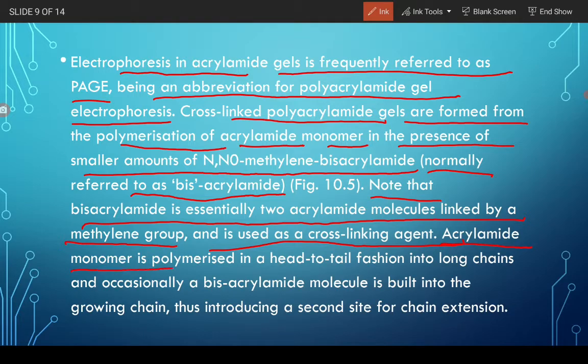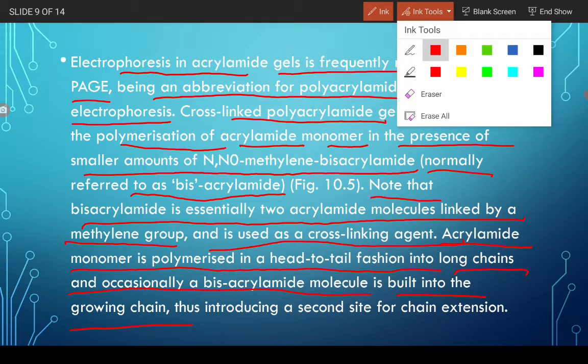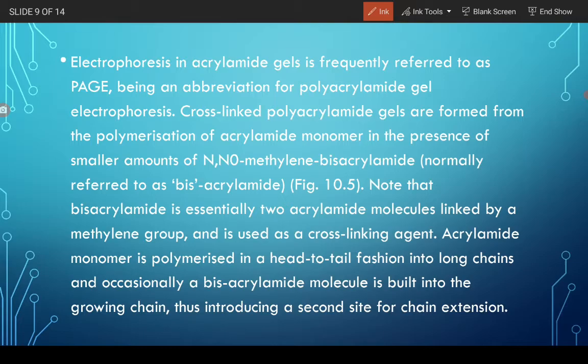Acrylamide monomers are polymerized in a head-to-tail fashion into long chains, and occasionally a bisacrylamide molecule is built into the growing chain. So what it is saying is simple: we already know what the function of SDS is. Now we have to know how the polyacrylamide gel is formed.